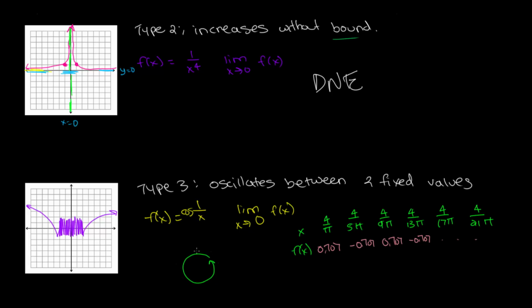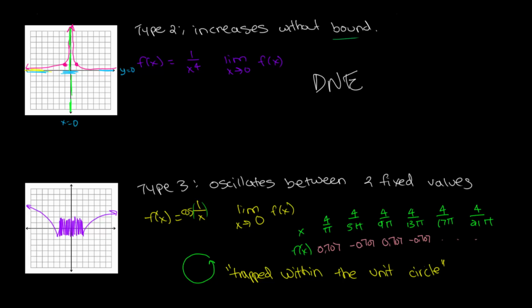So we just keep hitting the values over and over again, no matter how small x gets, no matter how big the value that we're taking the cosine of gets, we just keep going around and around in the unit circle, like we are trapped within the unit circle. And because of that, we are going to see this oscillation between 2 points on this graph.